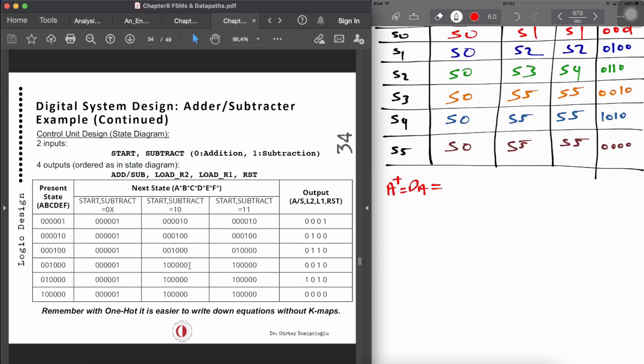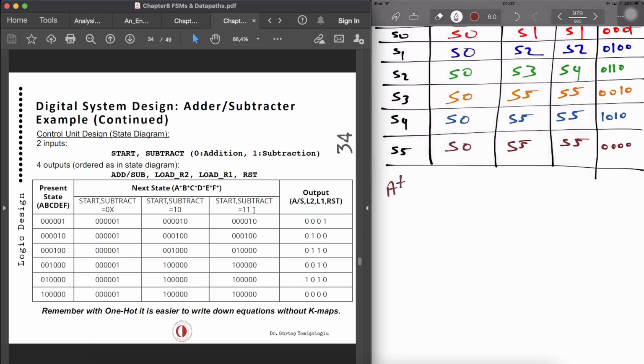Now, when you think about it, in 3 rows A, B, C is activated, and start is always 1, while subtract is changing. So all I can say is start is 1. Let's use the color coding.